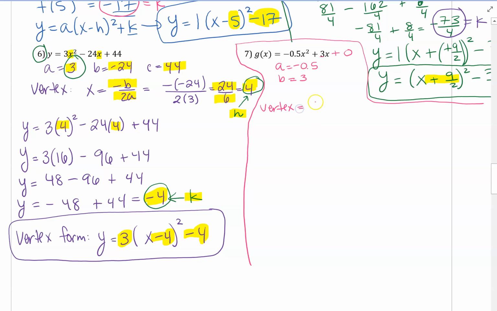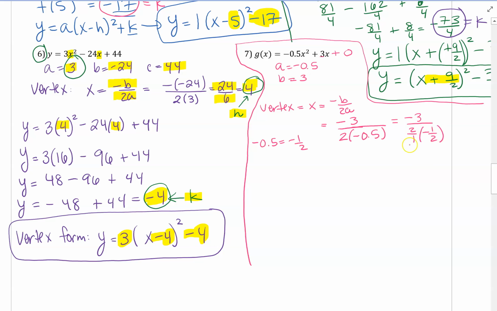Again, my vertex, or the x coordinate of it, is what I get when I evaluate negative b over 2a. In this case, that would be negative 3 divided by 2 times negative 0.5. Now remember, negative 0.5 is basically the same thing as negative 1/2, 1 over 2. So I'm just taking half of 2, or I'm multiplying 2 over 1 by negative 1/2.